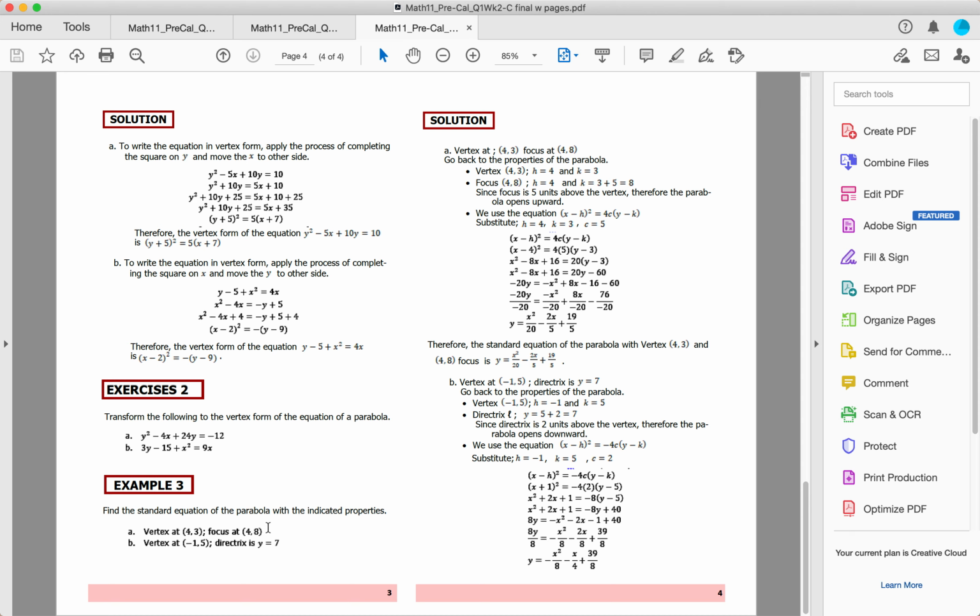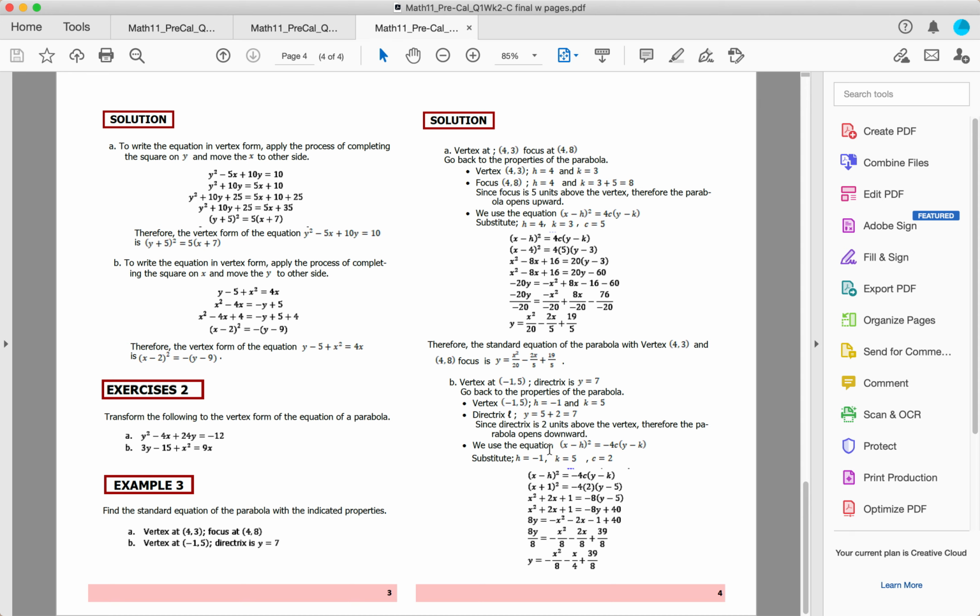So since the directrix is y equals 7, the vertex is at negative 1, 5. Imagine where that is. So negative 1, 5. And the directrix is above it, which is at 7.